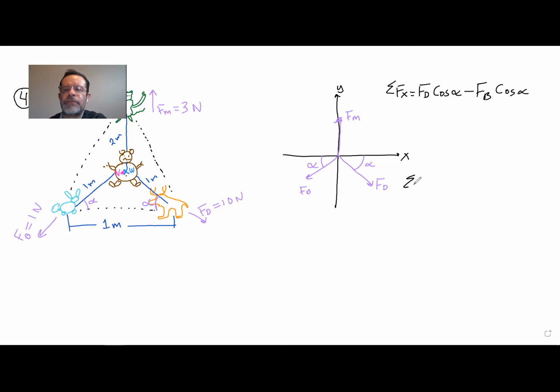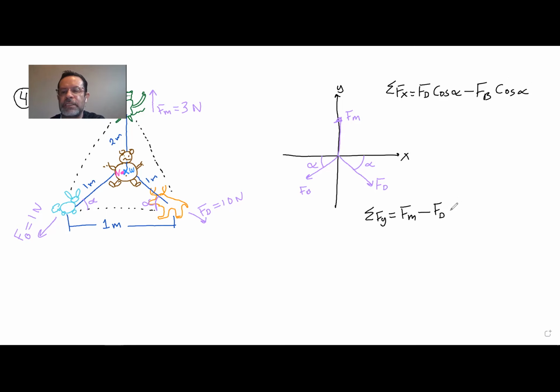The sum of forces in Y, let's start a little bit lower. The sum of forces in Y is going to be equal to Fm, which is the force the monkey is exerting, minus, because they're going downwards, the force of the bunny times the sine.